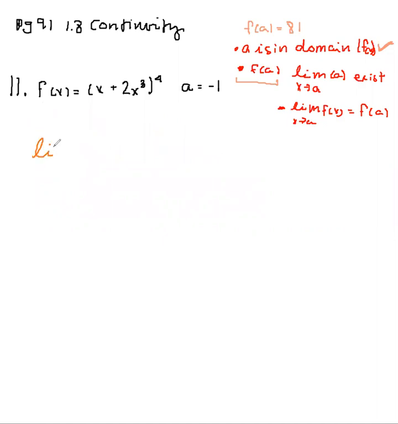We'll start with the limit as x goes to a of x plus 2x cubed to the fourth. How are we going to start solving this limit? You said to use substitution, so put this in as a. Is this what you're referring to? Awesome. And then a is going to be approaching.